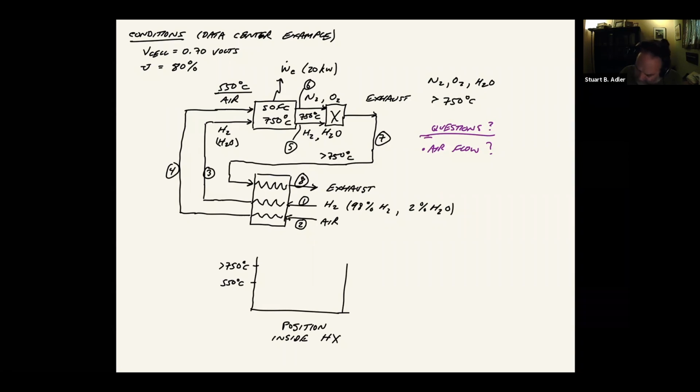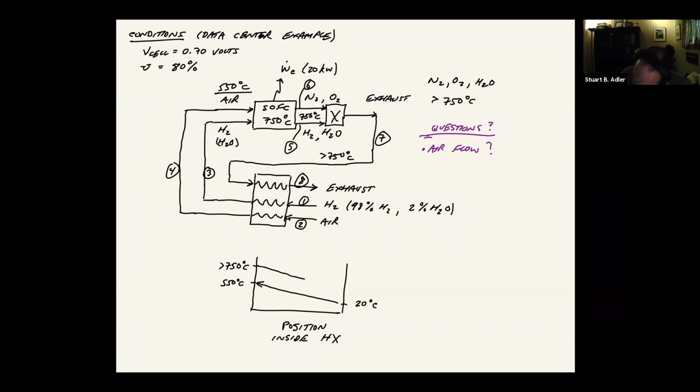And then on the other side, the hydrogen and air, presumably they're coming in at ambient temperature. So this is like 20 C. And so as this air and hydrogen goes through, it's heating up as it flows through this way. And the only way that can happen is if it's in contact with something hotter along its entire flow path.